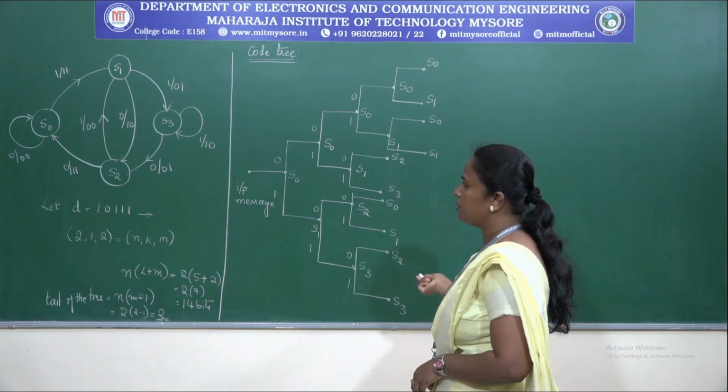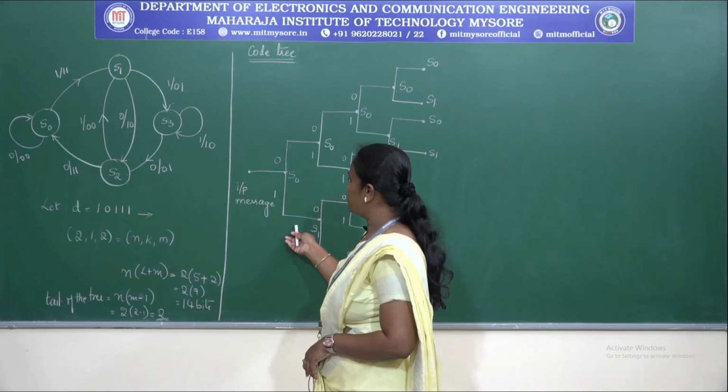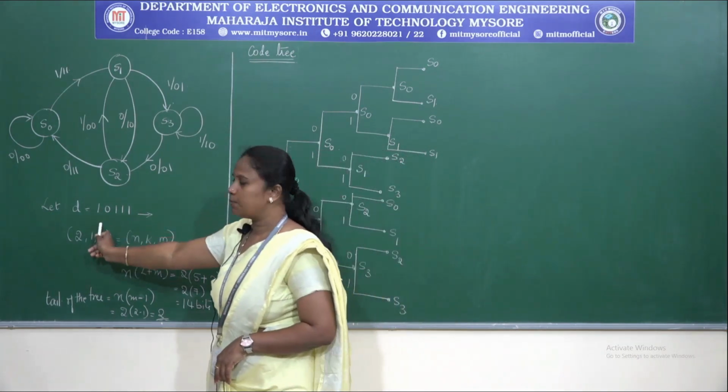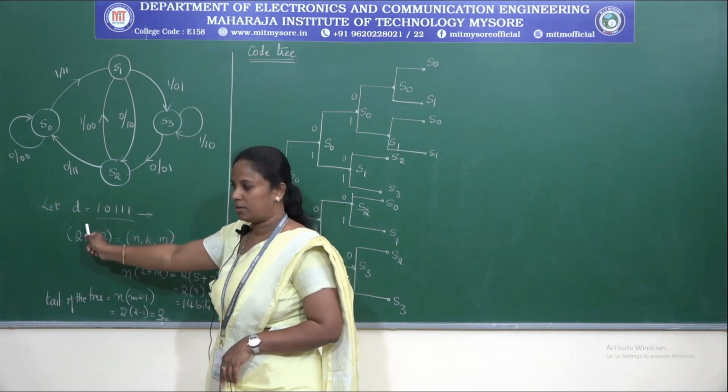So this is how we are going to write the code tree here. So now the input depends upon the message input D. So let us check what is the first message input we have, D is equal to 1.